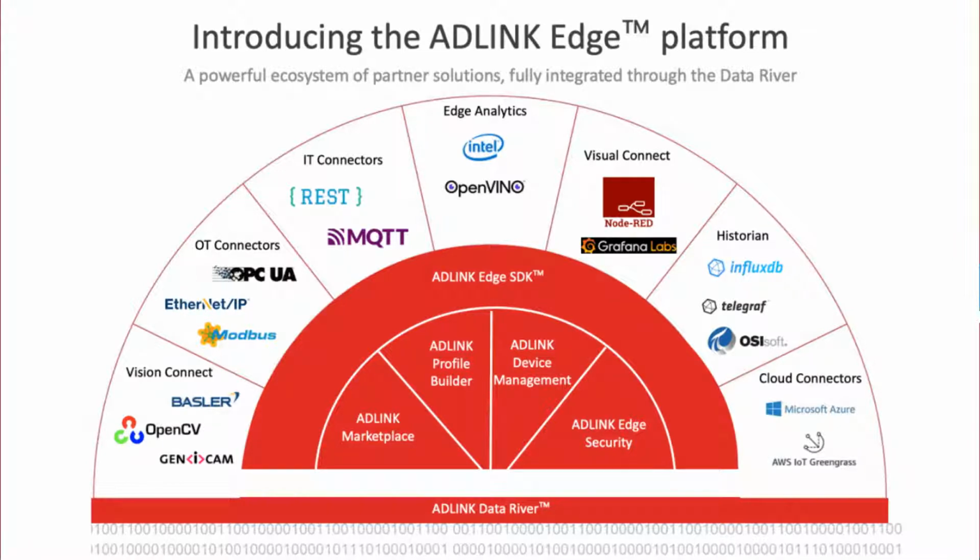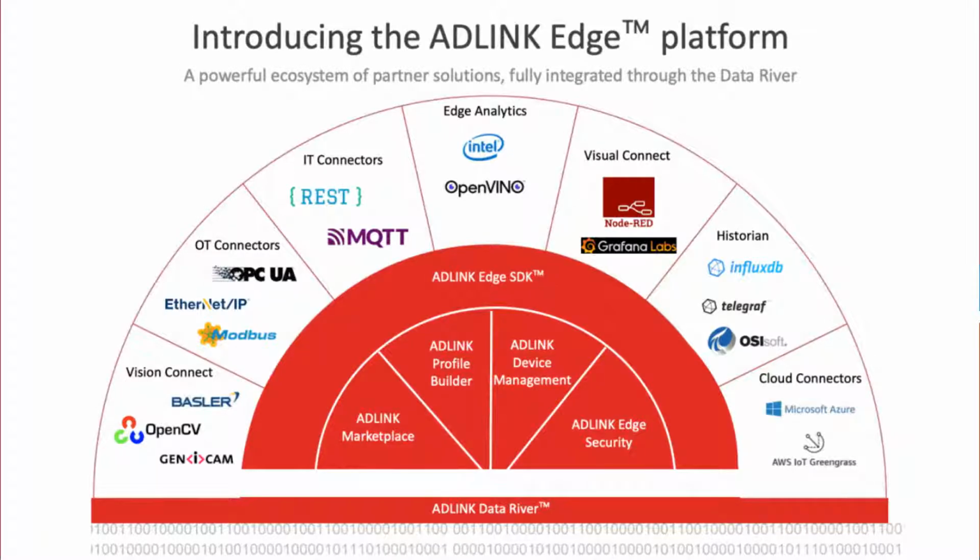So we have a software development kit, the ADLINK Edge SDK, as we call it, and all these different apps that you see in all these different categories have been developed, have been added, and they are all integrated through the Data River. All these different capabilities, for instance Vision Connect when we're connecting to vision sensors, OT connectors to talk to equipment on your factory floor, or cloud connectors to communicate with any cloud out there.